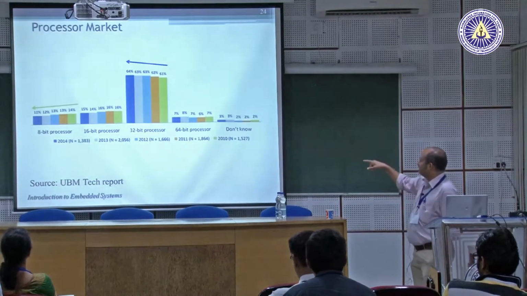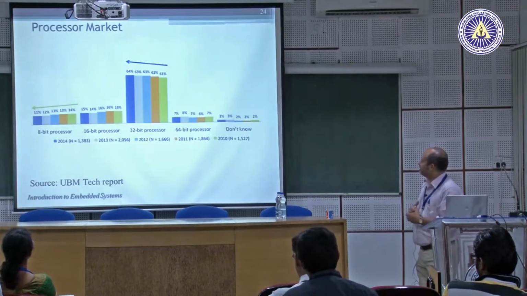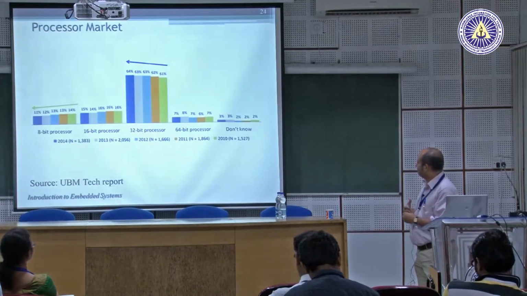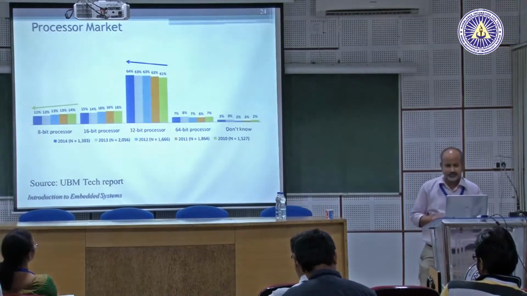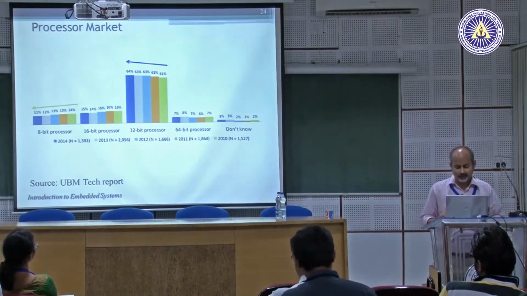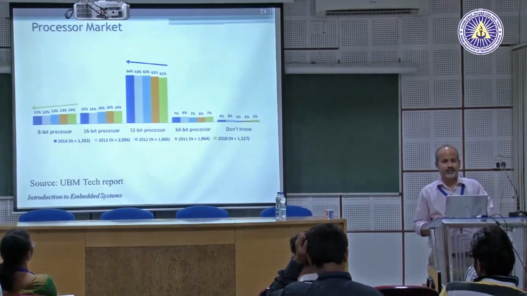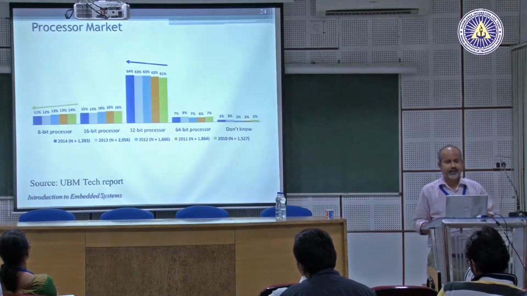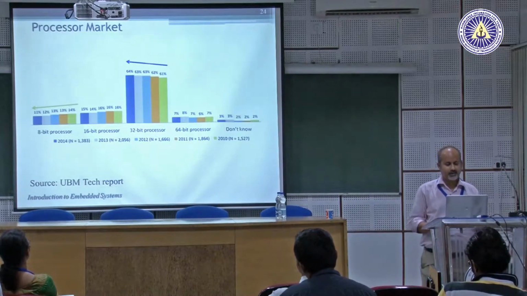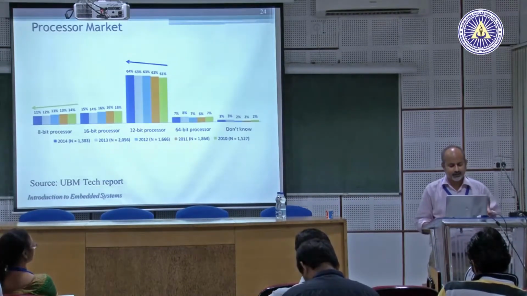And then the 32-bit processors are increasing, and the 64-bit processor is also kind of stable. So the trend is going more towards 32 and 16-bit, and not so much into the 8-bit processor. So microcontrollers are not so much needed today.